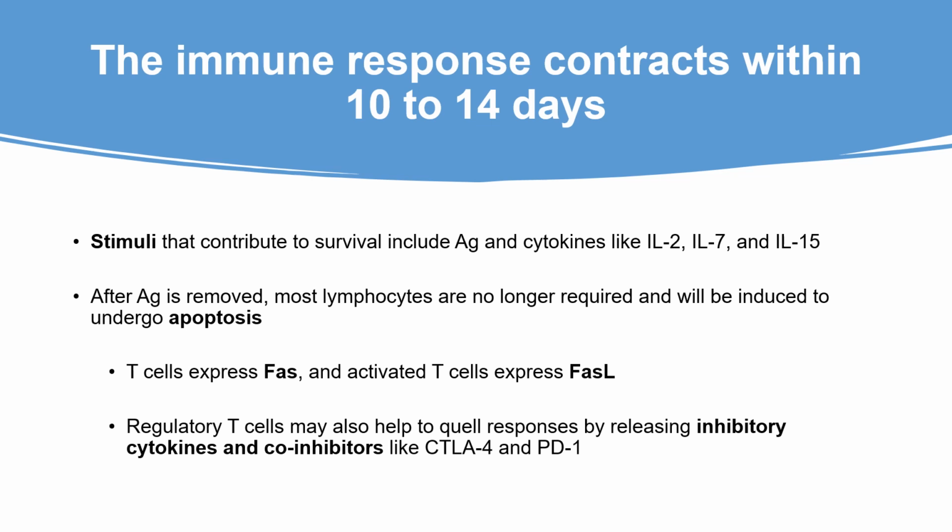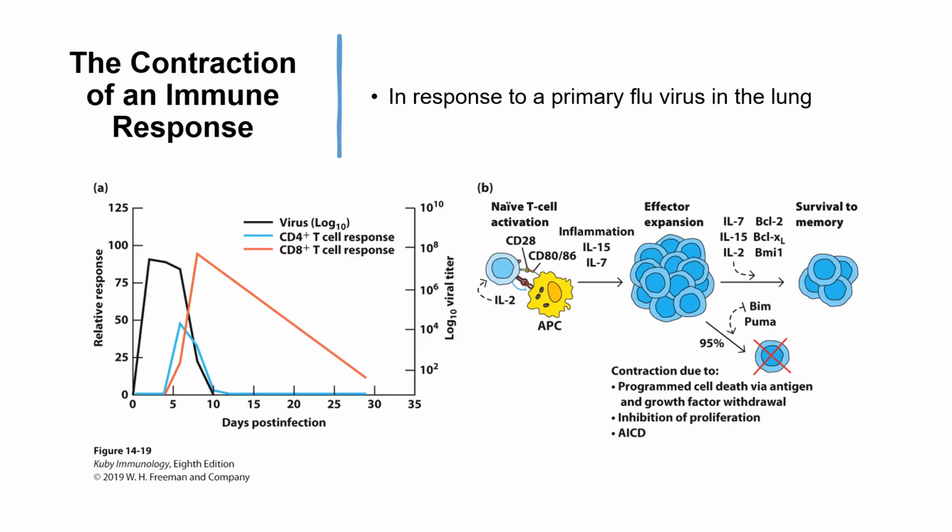In this case, we start to see an increase in the anti-inflammatory ones. And it's basically about 95% of cells that will die off in response to a primary flu virus infection in the lung.